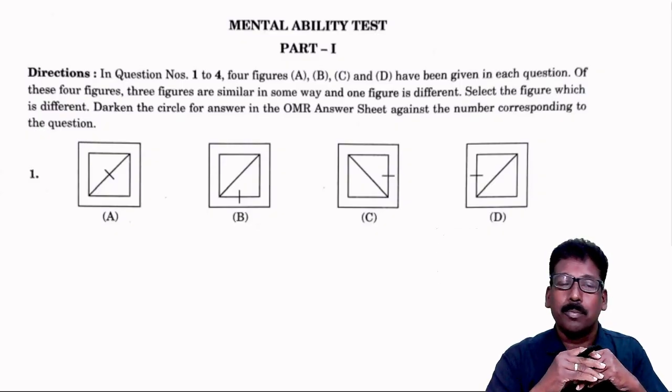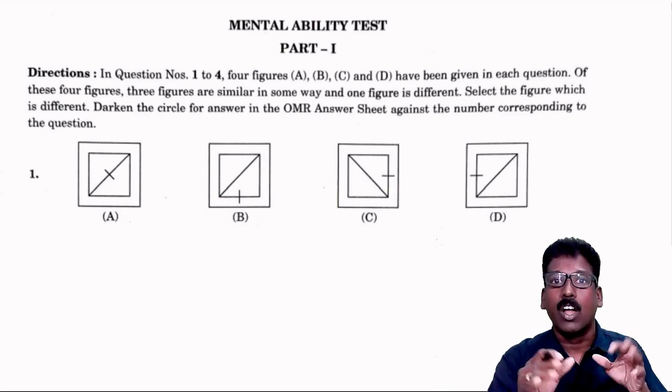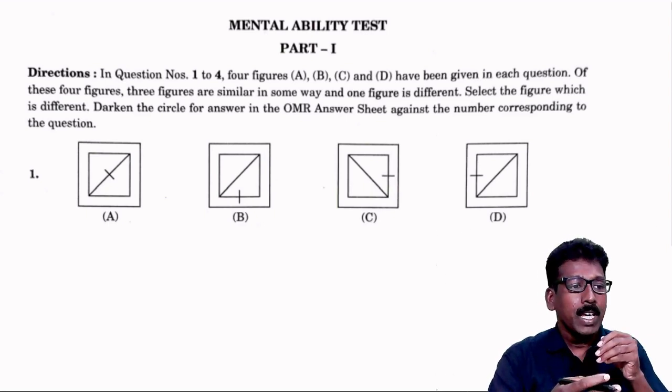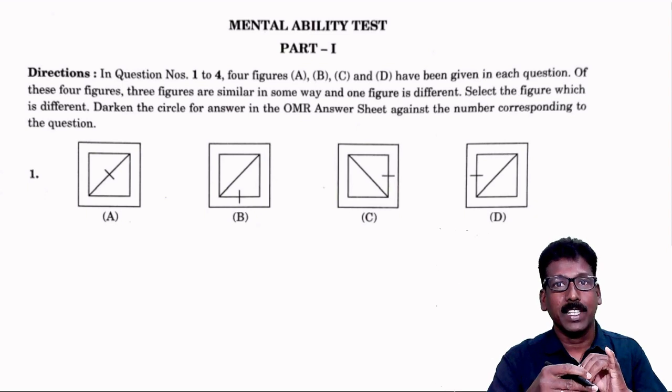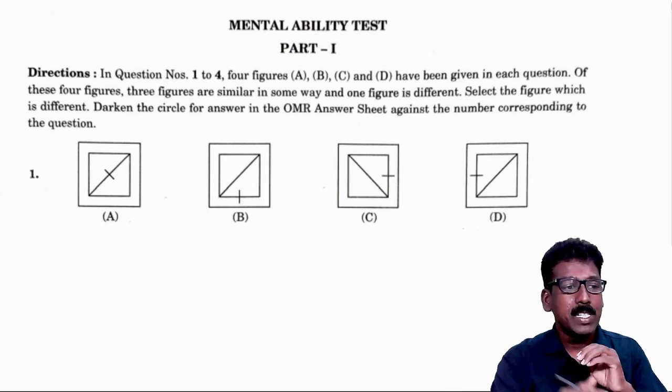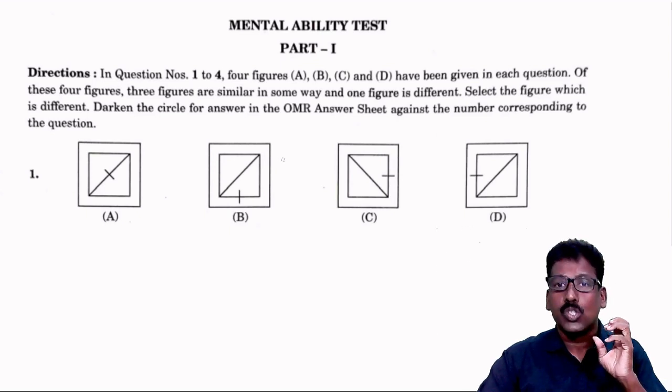Here is part 1, and in the beginning of every part, the direction is given on how to do it. Here you are given 4 figures A, B, C, and D. But one figure is the odd one. Here you can see 2 squares, and inside the square, each side has 1 mark.